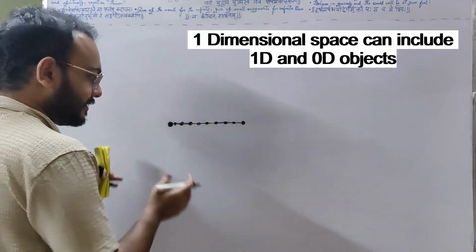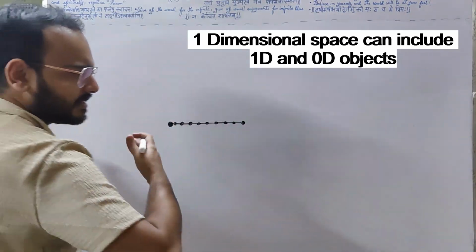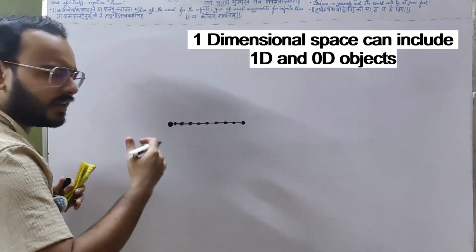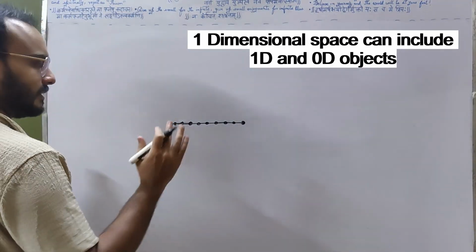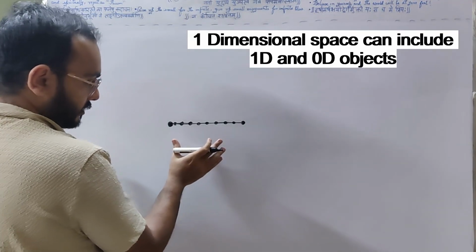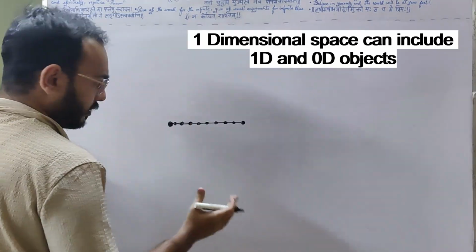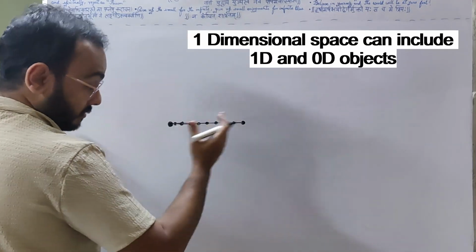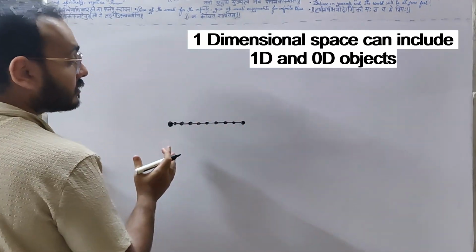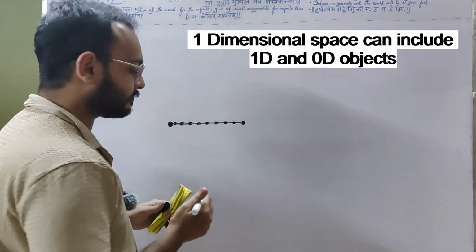But in reality, this can extend up to infinity. Both the ends can extend up to infinity. So that's why I said countless number of things. So in the one-dimensional space, I can have countless number of lines, 1D objects, and of course zero-dimensional objects, those are known as points.